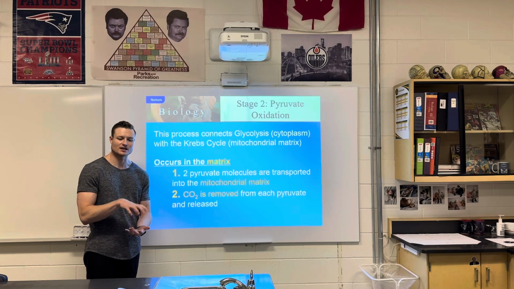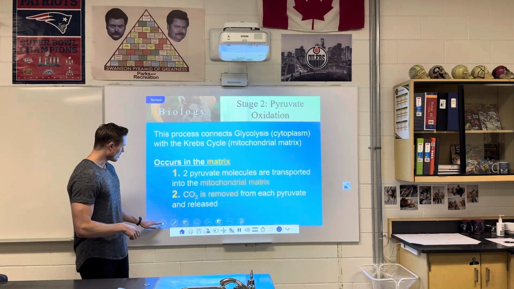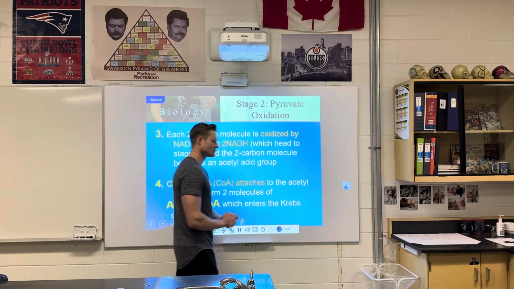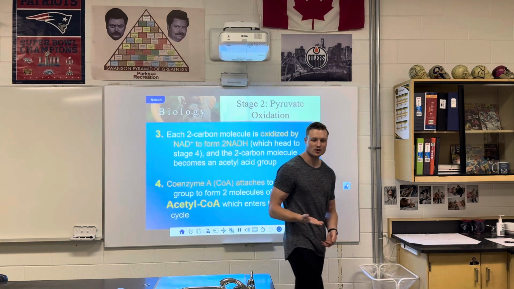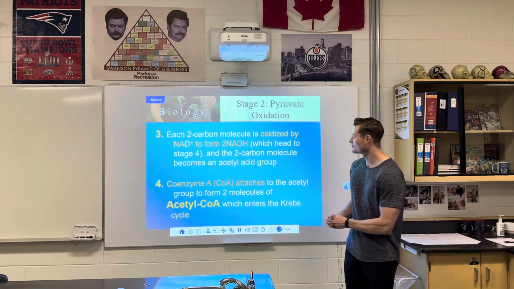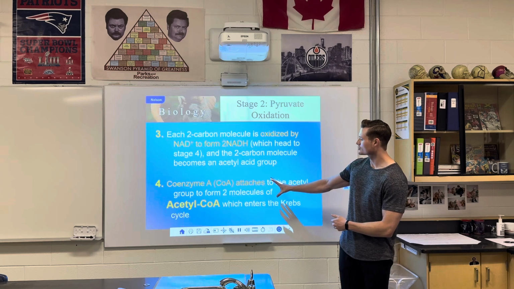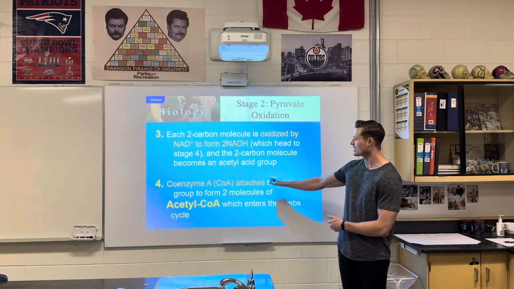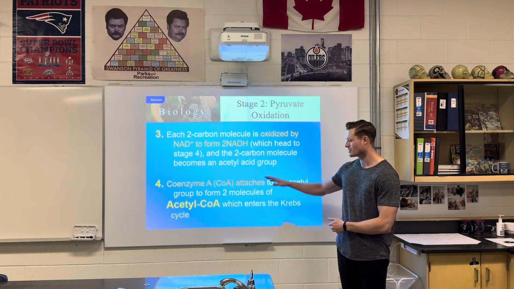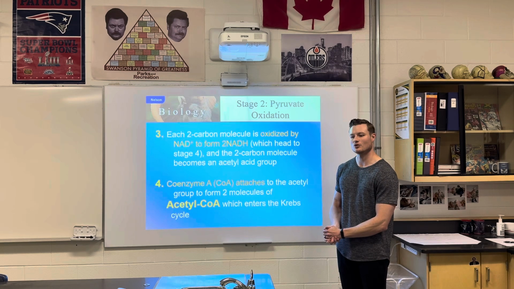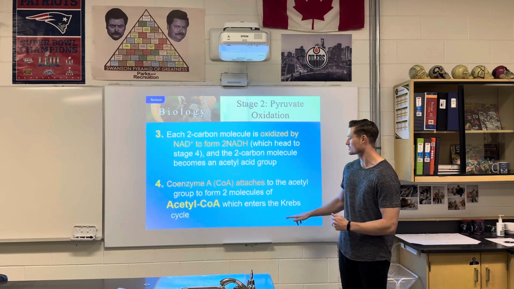This will be inside the mitochondria. We are also going to make some more NADH, so some more electron carriers, and we are going to finally take the remaining 2 carbon molecules, attach a coenzyme onto it, and create a compound called acetyl-CoA. So it's basically a 4-step process here.